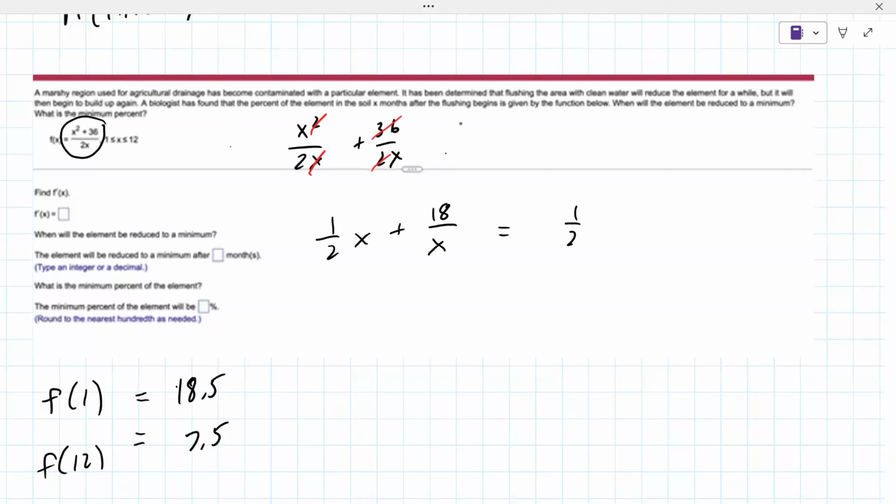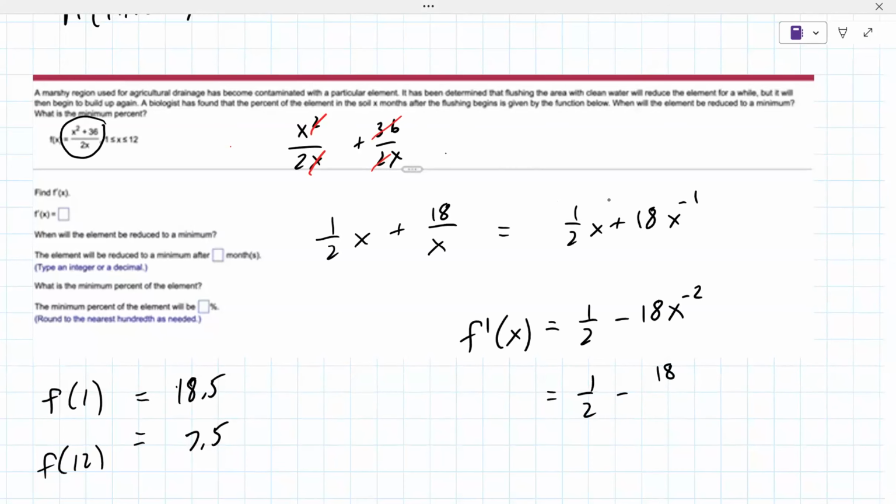That can be written as 1/2 x plus 18 to the x minus 1 power. So the derivative is much easier when it's in this form. The derivative is 1/2, that's the coefficient. And then you bring this negative exponent down. So it's minus 18 x to the minus 2. Or you can write it as 1/2 minus 18 over x squared. But that's your derivative for that.